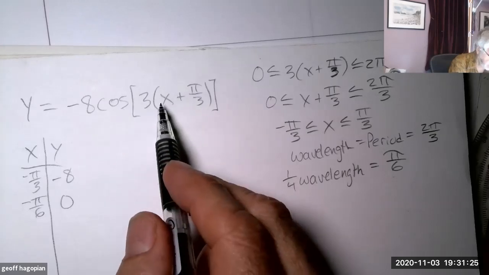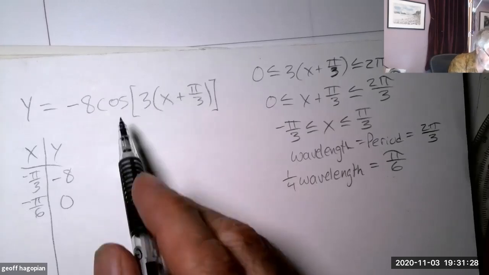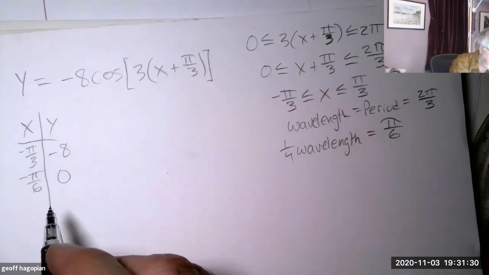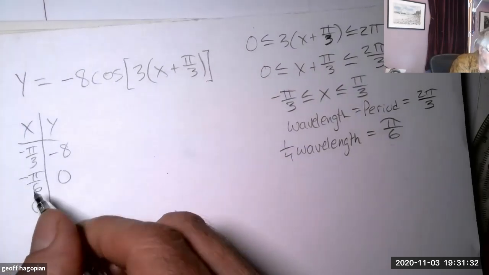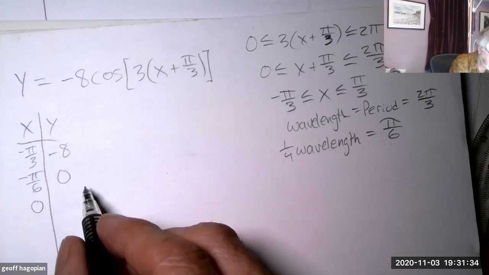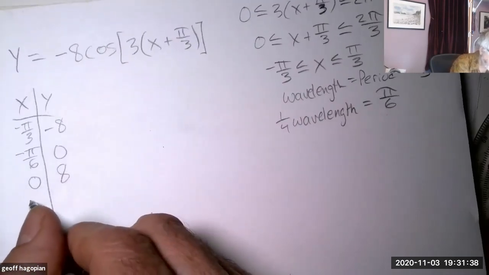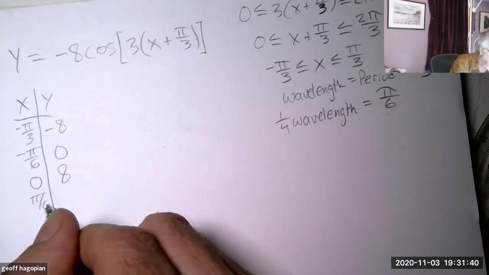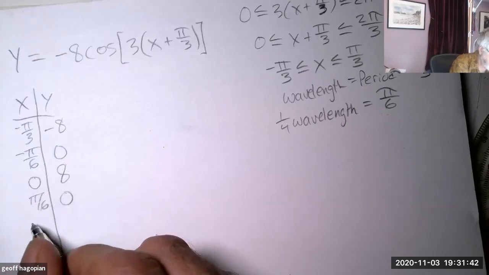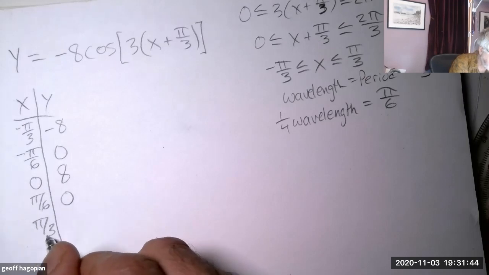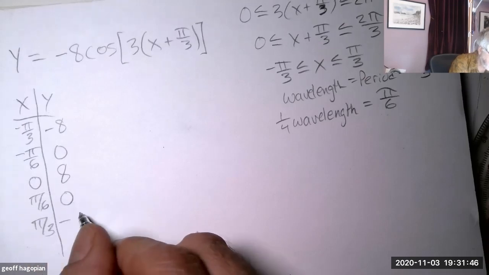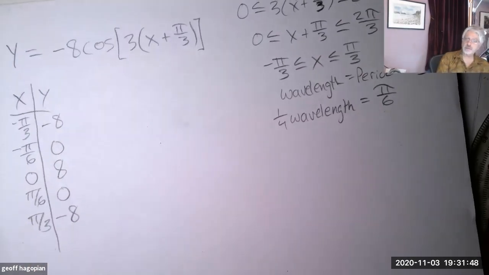Cosine of pi over 2 is 0. Anything times 0 is 0. All right, so the next increment will take me to 0. Cosine of pi is negative 1, so that'll be positive 8. Another pi over 6 will take me to 0 again. And then another pi over 6 will take me to pi over 3 as the input and back to negative 8. So that's one cycle through our function, starting at a trough and ending at a trough.